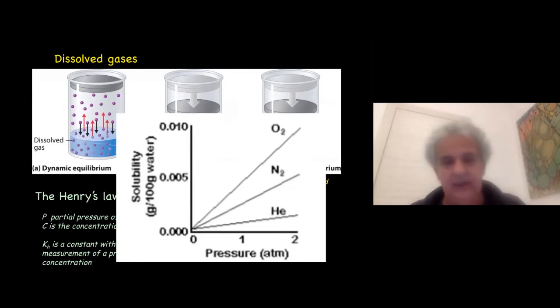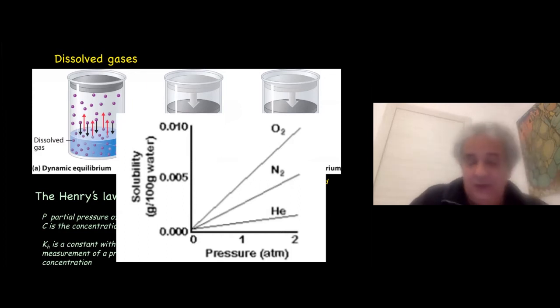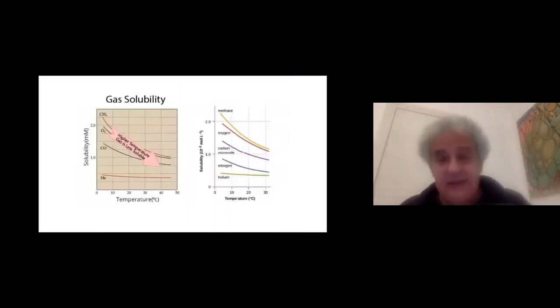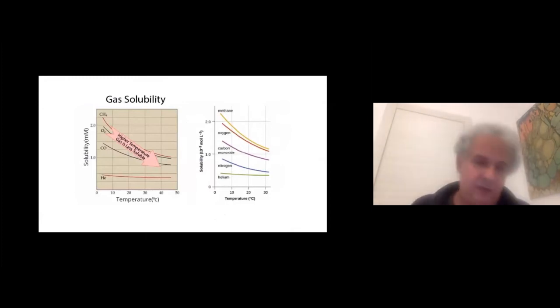We know that the solubility of the different gases is a function of the pressure. And you have much more soluble gases or less soluble gases as a function of the partial pressure. There is another important parameter that is the temperature, because as you know, the higher the temperature, the less soluble are gases, as you can see in this picture.